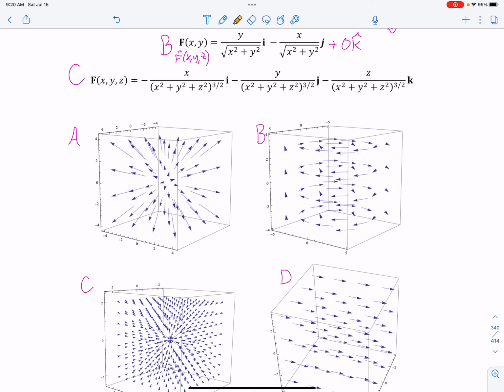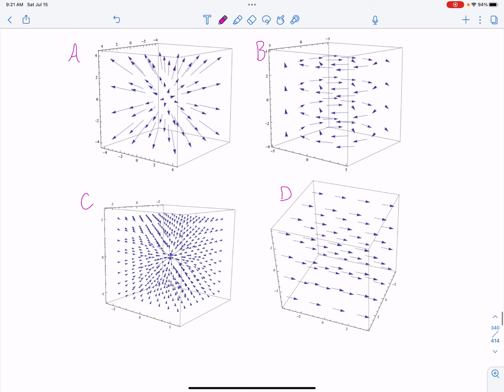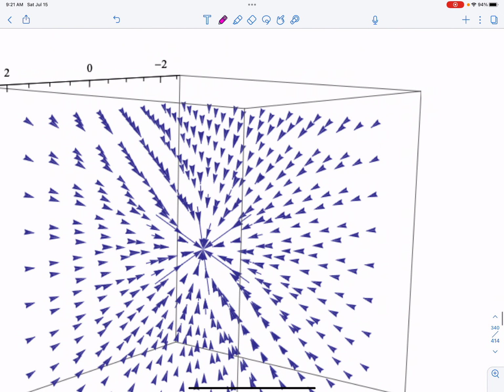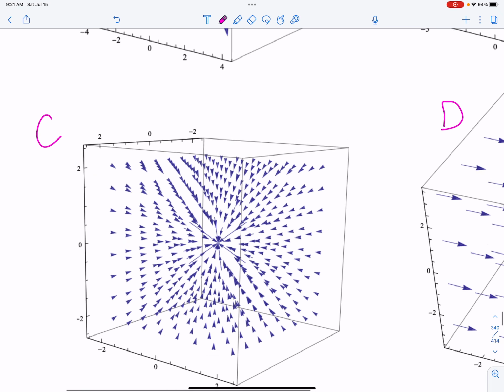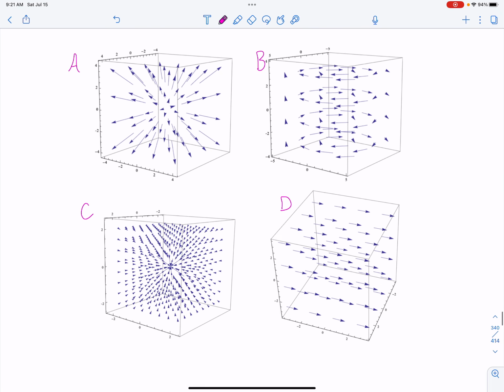So the point is that this number on the bottom is going to get very small as we get close to the origin. As we get to the very origin, it's going to blow up, right? This is going to get small, and then we're going to divide by a very small number. So it's going to blow up, and you can see that in the vector field here. They didn't do a great job of showing it, but as we get closer, the vectors get longer. It's kind of hard to see, and it's kind of hidden in there, but it is there.